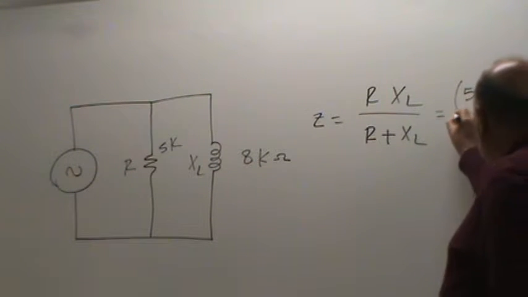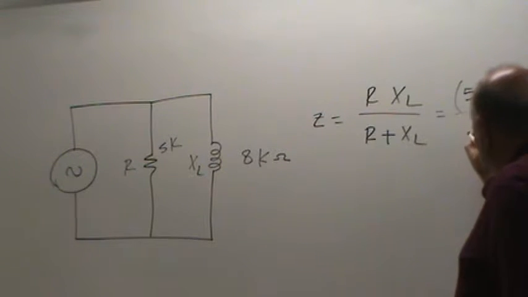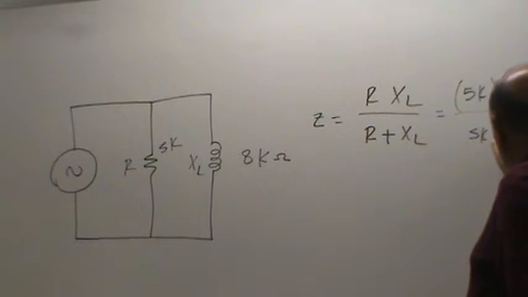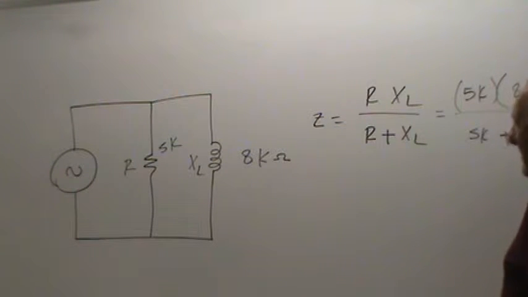And over here I have R, which is 5K, plus 8K, which is actually a J, or angle of 90 degrees.